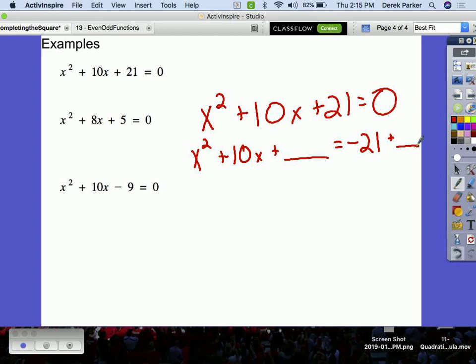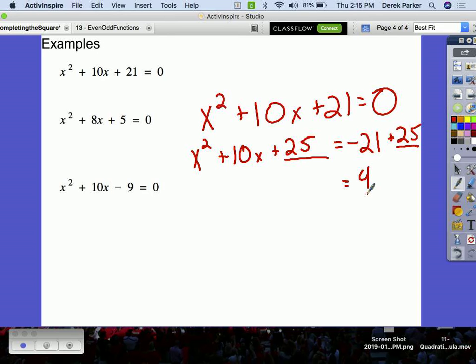The reason I'm doing that is because now I'm going to half the b value and square it. Half of 10 is 5. 5 to the second power is 25. Now, combine the -21 and 25 and you get positive 4.